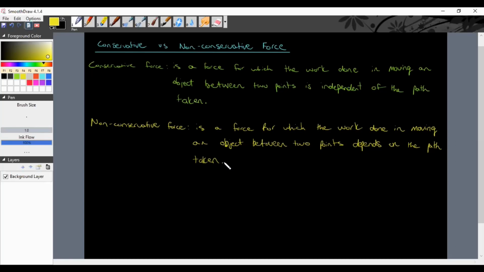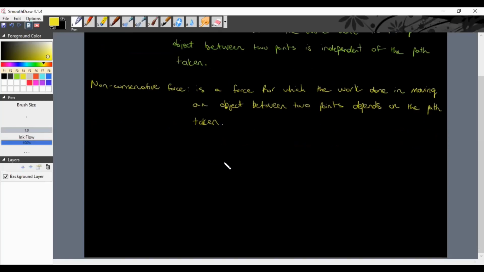Let's figure out how we can distinguish between these by setting up a little table. The table method will definitely help us classify and distinguish better between these two forces.